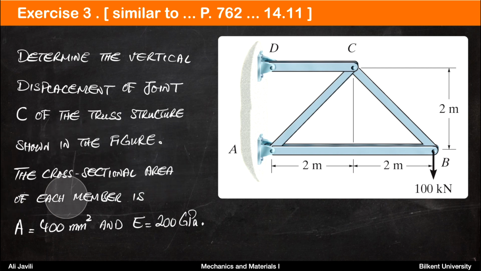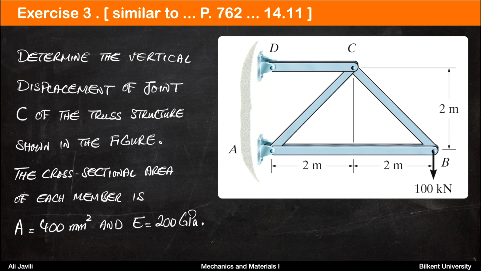The cross-sectional area of each member is 400 millimeters squared and Young's modulus is 200 gigapascal. So it's exactly the same structure as we had previously, except that now I am asking you what is the change of height or deflection at point C, not point B.